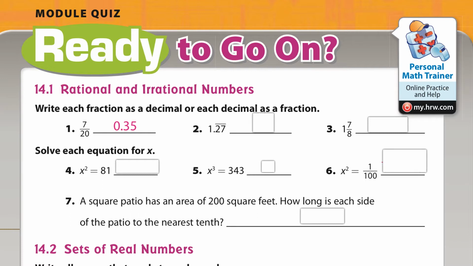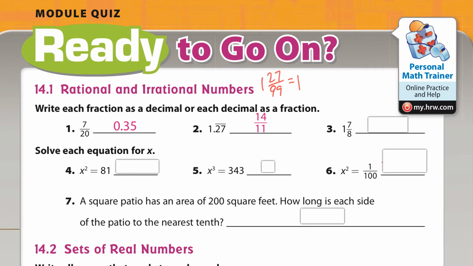1.27, remember the 27 goes over 99, and what this would be is 1 and 27 over 99, which can be simplified. You can divide them both by 3. You can divide them both by 9, actually.